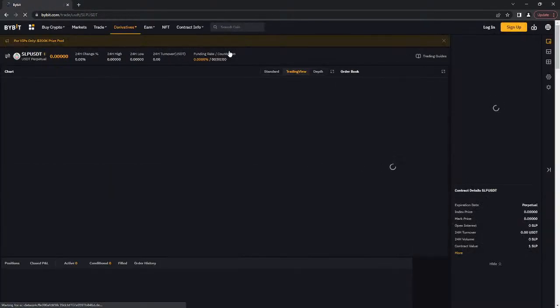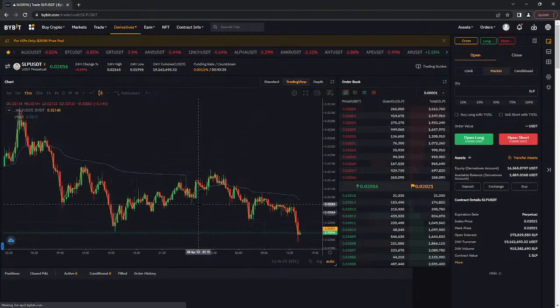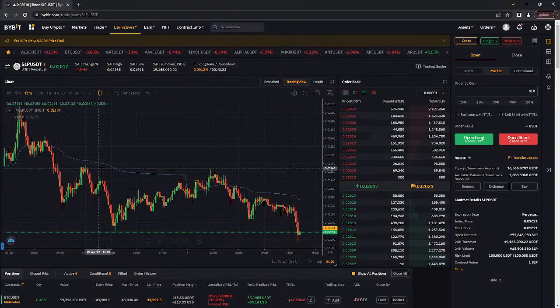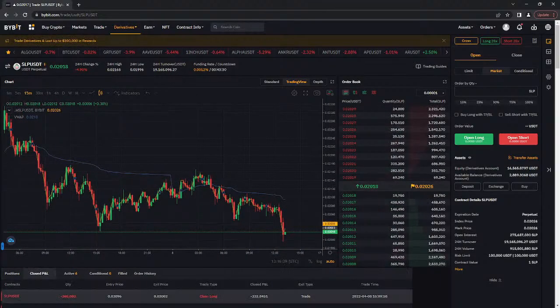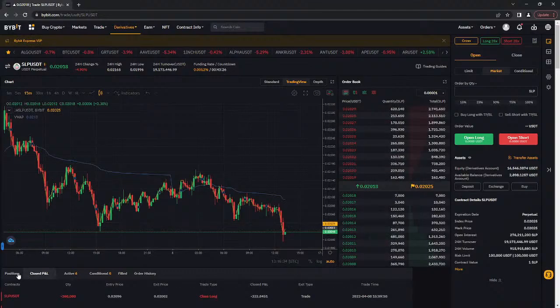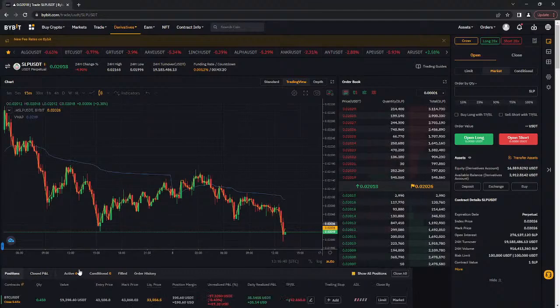While I was away, I got the alerts on my phone. SLP. Whew. Yeah. So our equity is at 16.5. That's back where we started yesterday.